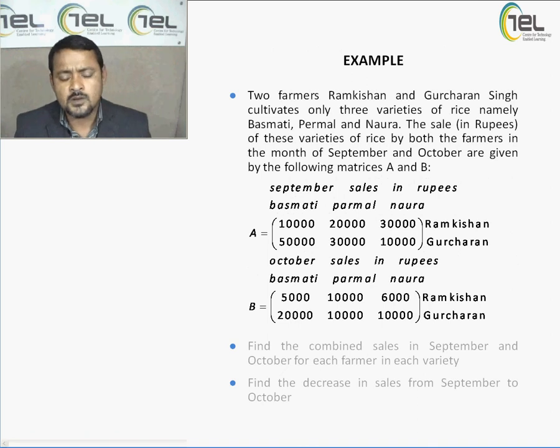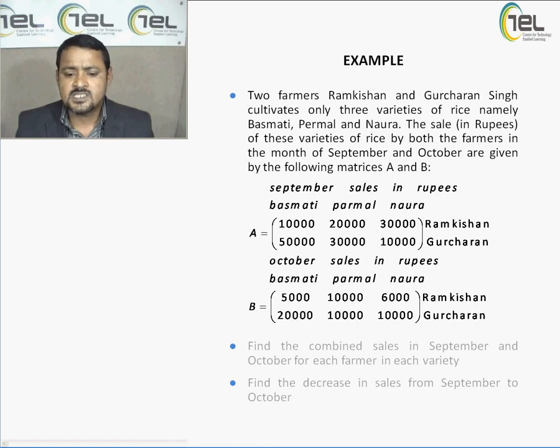There is an example which we are going to undertake and discuss. There are two farmers, Ramkishan and Gurcharan Singh. They cultivate three types of basmati rice. They sell in rupees, and the sales of 2 months, September and October, are given.